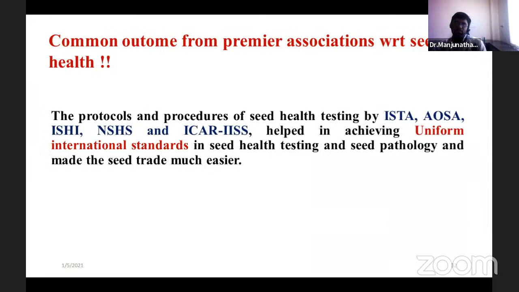They should achieve uniform international standards for the protocols and procedures of seed health testing. Whatever they develop should be uniform throughout the world, with respect to seed health testing and seed pathology. That will make things easy for seed trade and quarantine purposes.